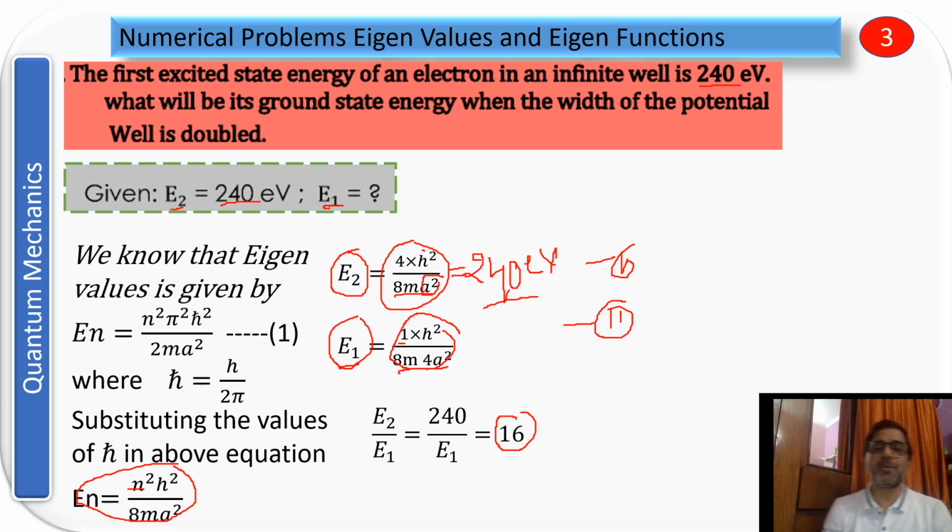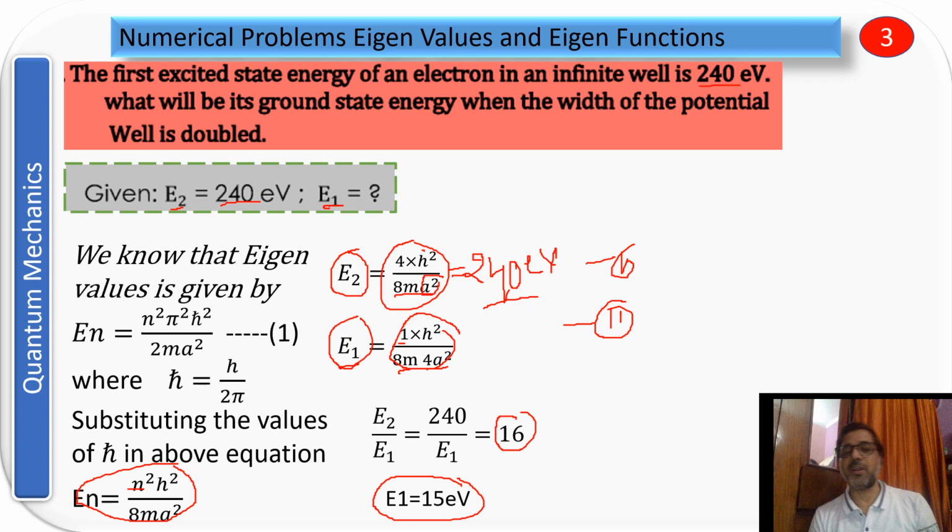So finally you get 16. Then what will be the value of E1? E1 will be equal to 240 divided by 16, which is 15 electron volt. This is the value that you will have in your ground energy state.